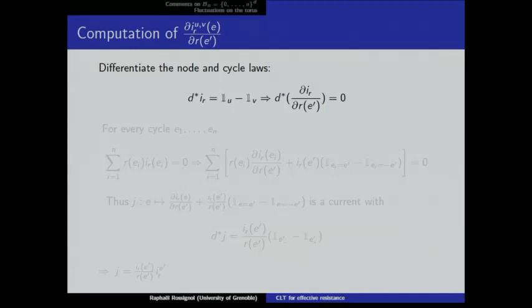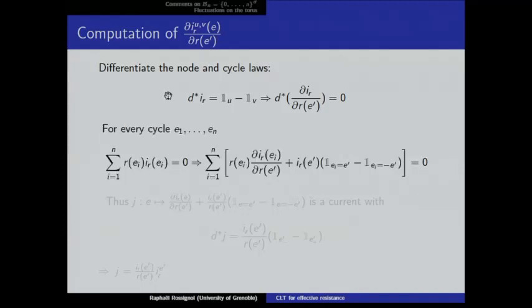This tells you that the partial derivative of IRs with respect to RV prime is in fact a sourceless flow. And you differentiate the cycle law, and this makes appear an additional term when one of these edges is the edge with respect to which you are differentiating.